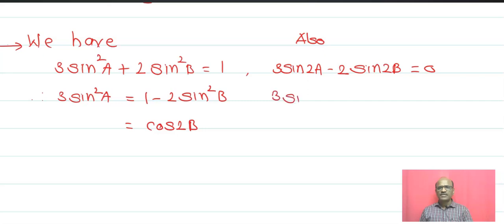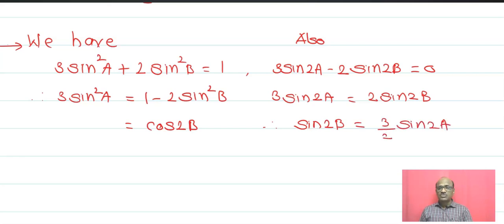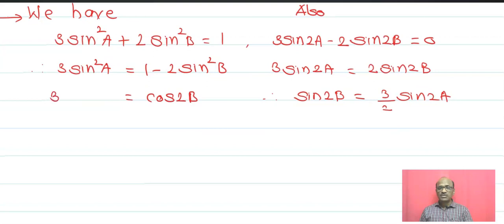We'll write here 3 sin 2A is equal to 2 sin 2B. Therefore, sin 2B is equal to 3 by 2 sin 2A.